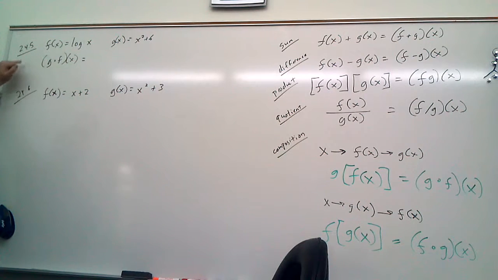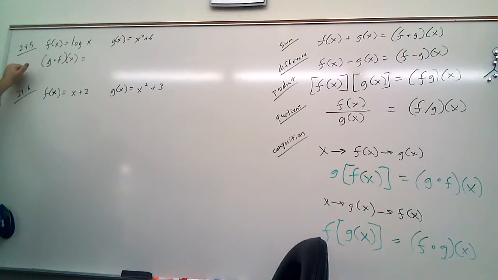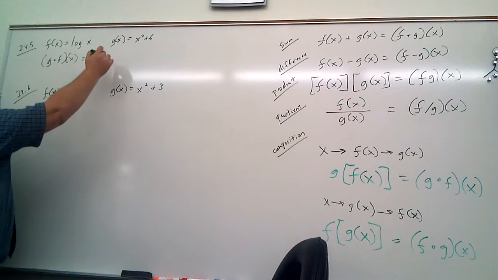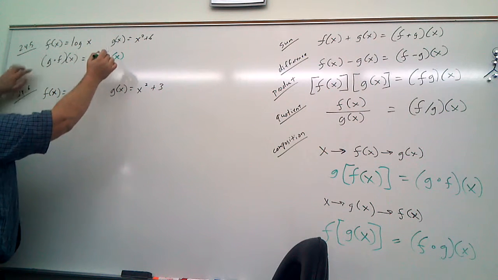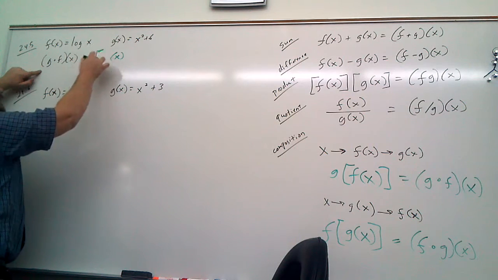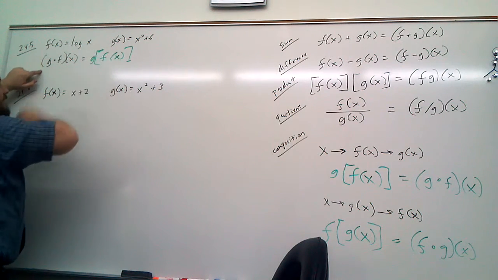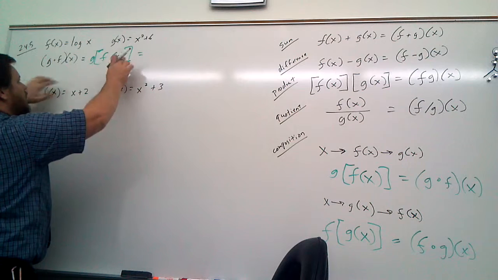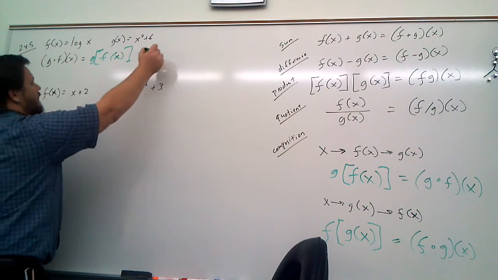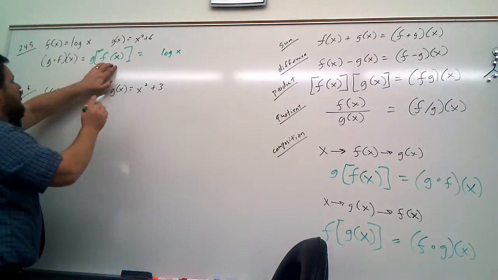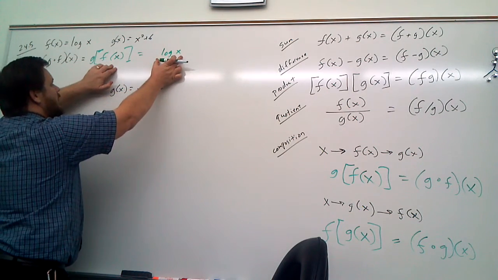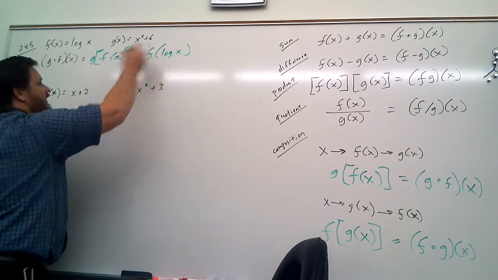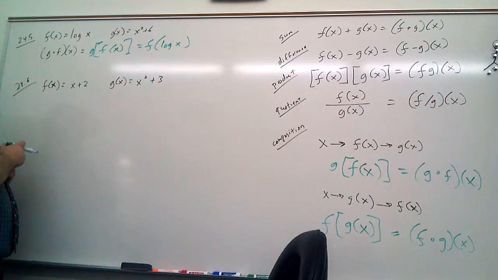Okay, so example 24.5 asks, find the g of f of x. So g of f of x means that we're taking the g of the f of x. So we take the f of x, which is log x, and we're going to plug this in. So we're going to find the g of log x.